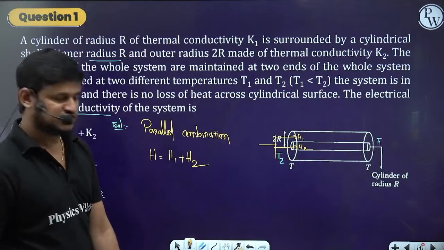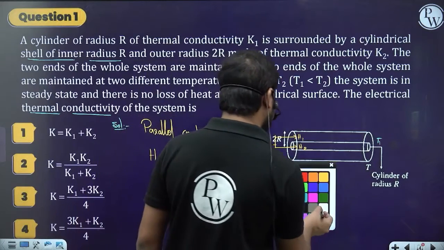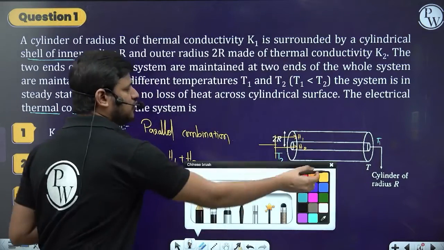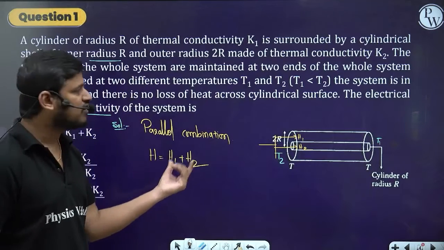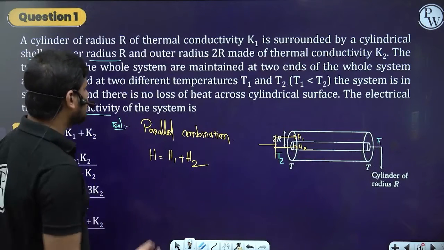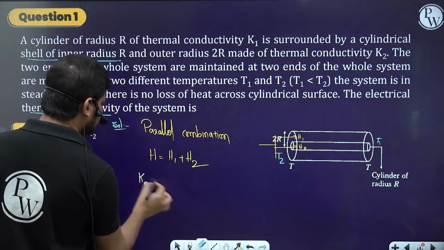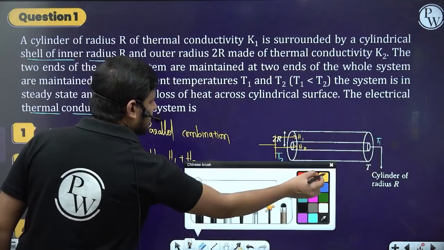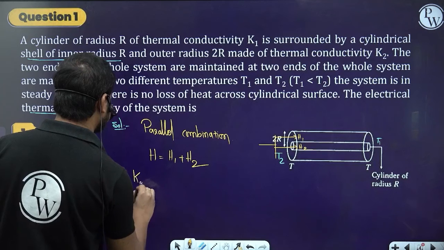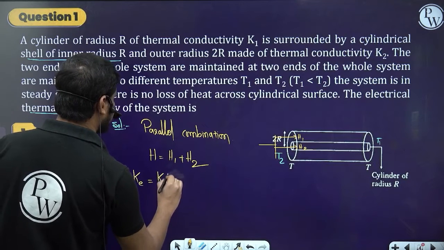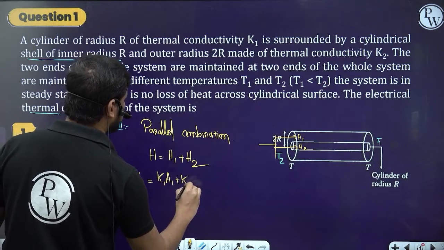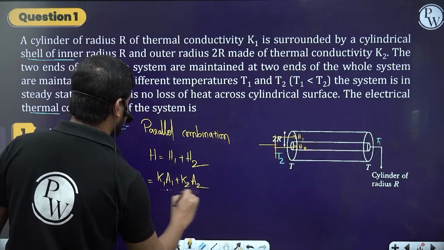Done. Chalo. Now, how do you write the formula in the case of parallel combination? This is the total heat, but they are asking for K equivalent, so directly go for the K equivalent formula. K equivalent is equal to K1 A1 plus K2 A2 by A1 plus A2.